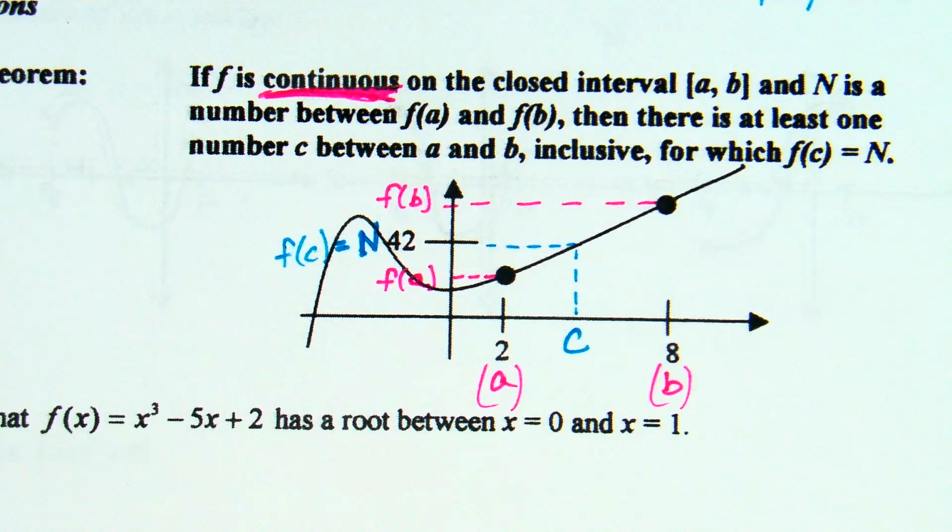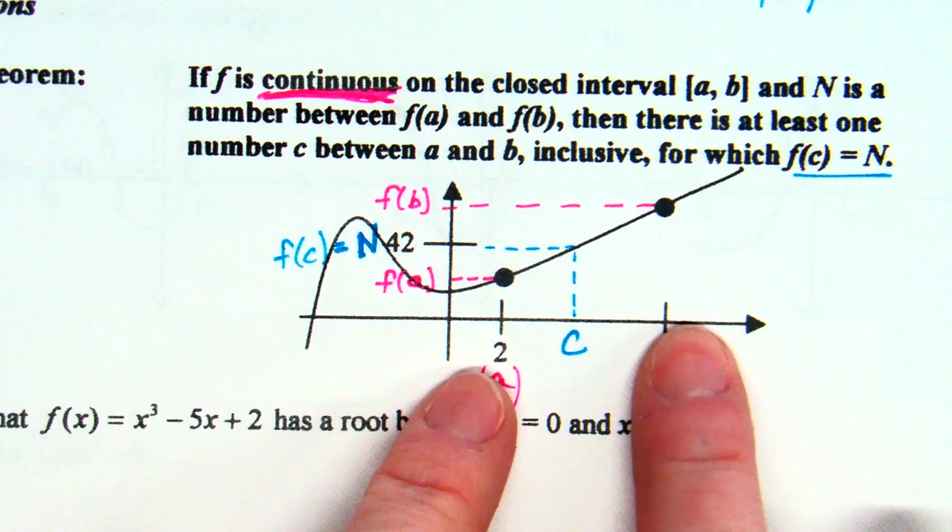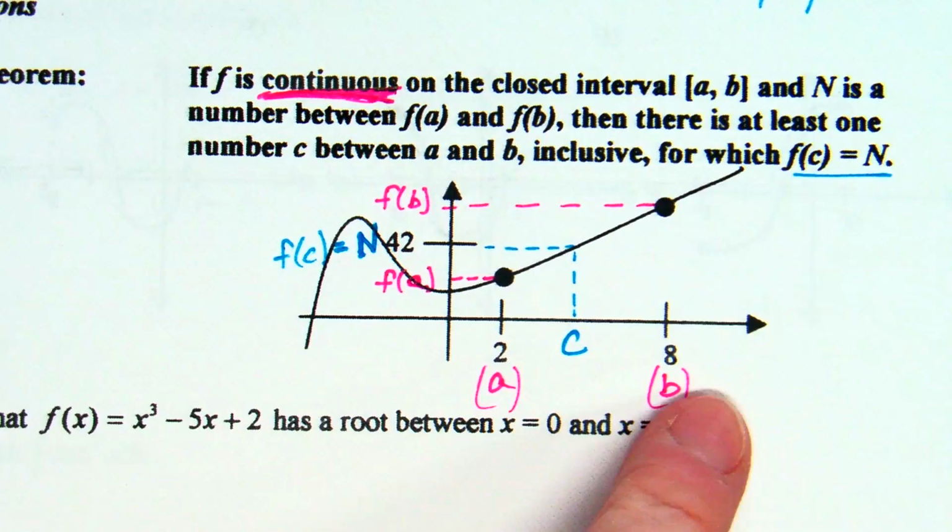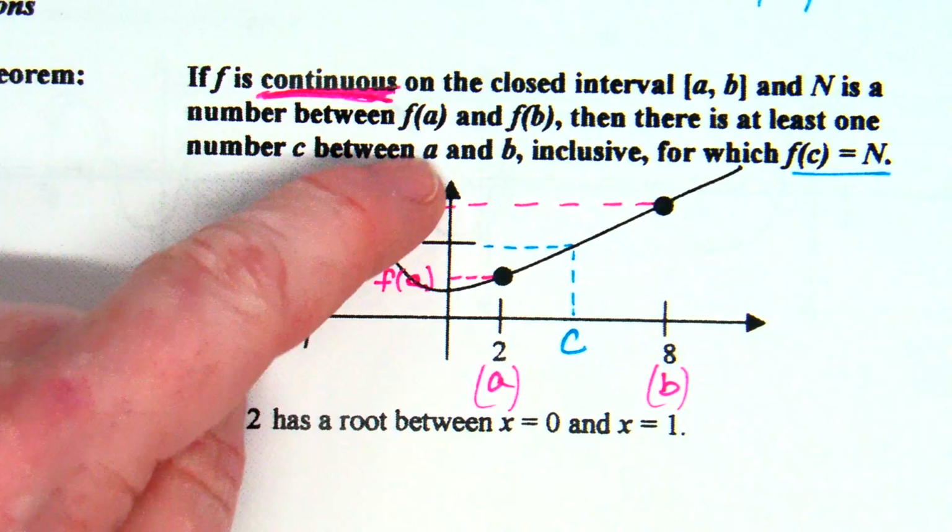Okay. In short, if I can try and put it in words for you. If my function is continuous, and I have two x values, then there are two corresponding y values, right? That's saying between the two x values, there's a value that equals something that's between the two corresponding y values.